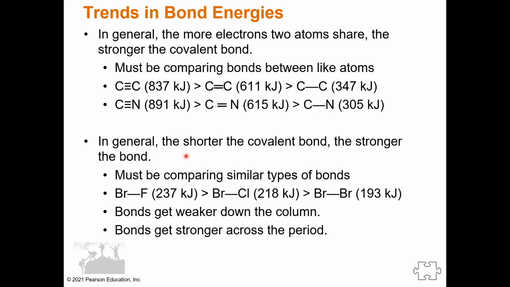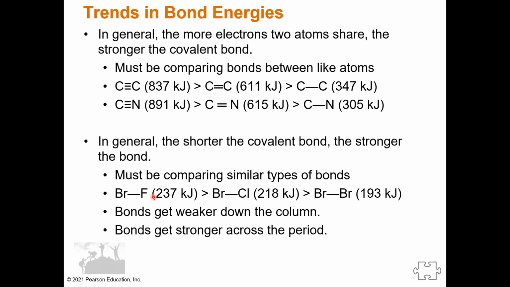Now in regards to distance, or in other words, atomic radius, those atoms that have a smaller radius would have a stronger bond. So if you take a look at fluorine and going down that halogen column, you can see that fluorine is the smallest atom.